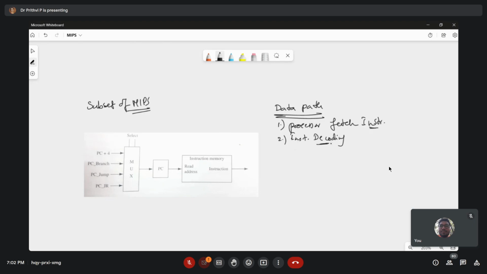Next, it will read the operands and execute the instruction, using read and write operations. This is not something new for us.